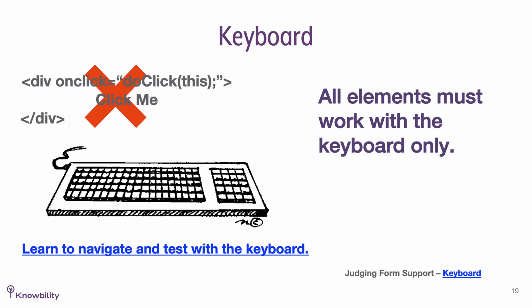Another thing to remember is that if you use the default controls built into HTML, the inputs, the text fields, the radio buttons and checkboxes, they all work with the keyboard right out of the box. And if you use the built-in controls and don't add too many add-ons in your content management system, those will work as well.